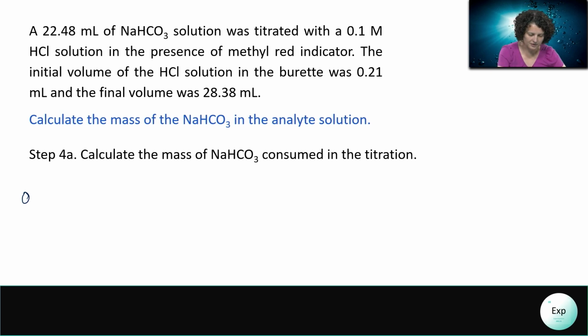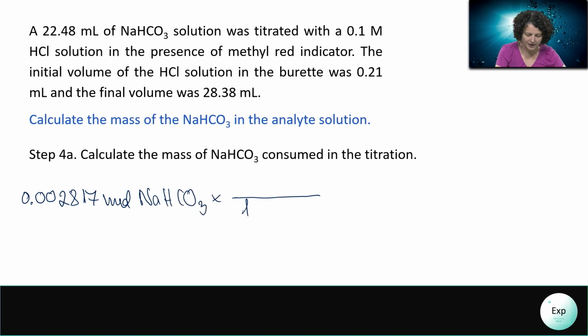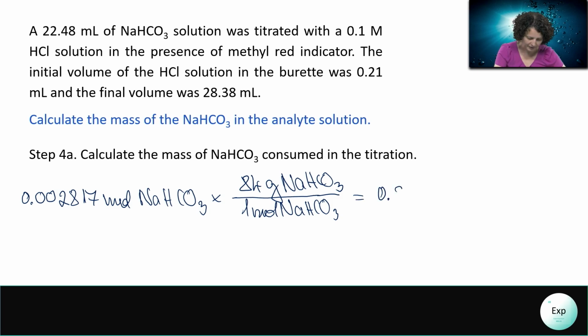We had 0.002817 moles of sodium bicarbonate, and we know that every 1 mole of sodium bicarbonate weighs 84 grams of sodium bicarbonate. The result is 0.24 grams of sodium bicarbonate.